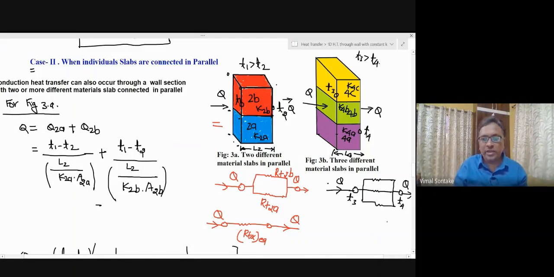So this will be RT, thermal resistance of 4A material, thermal resistance of 4B material, thermal resistance of 4C material.